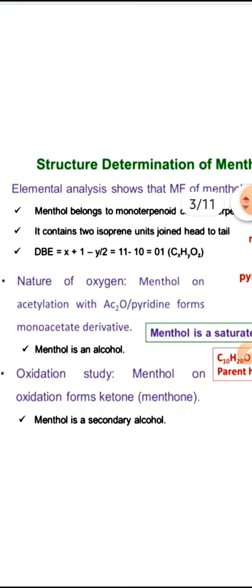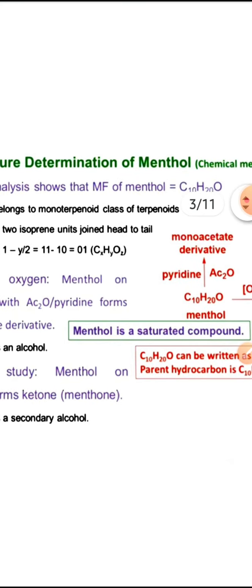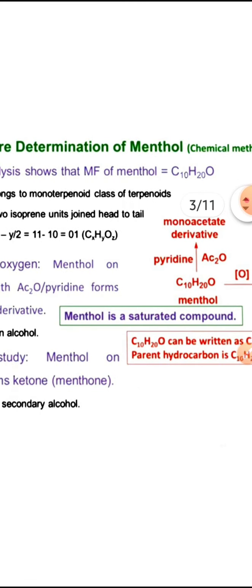In preliminary experiments, it shows that menthol is a saturated compound. In reactions like bromination and hydrogenation, it does not add bromine and hydrogen. It means that menthol is a saturated compound. Now let us find out the nature of oxygen.